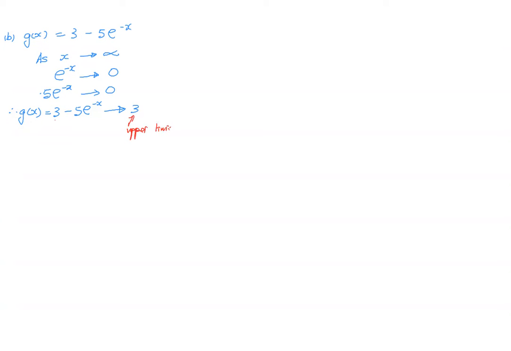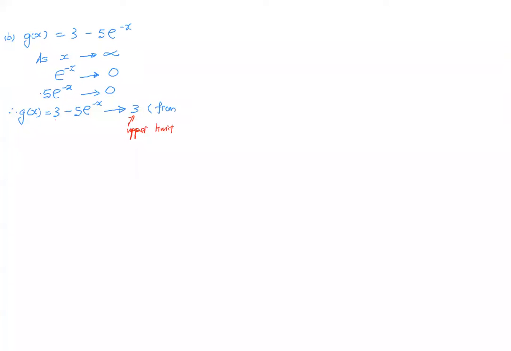If this is the upper limit, what should I write in the bracket here? The rest of the g(x), is it more than 3 or less than 3? Less than 3, so from below.